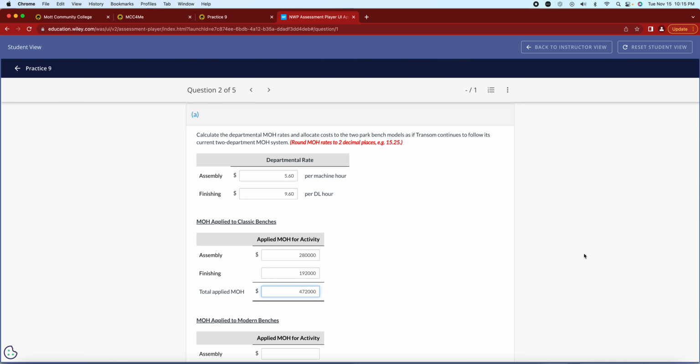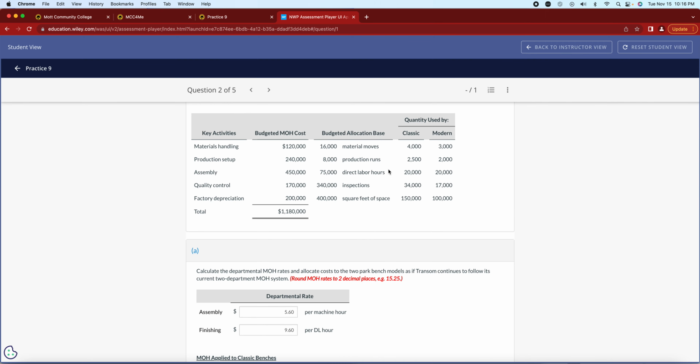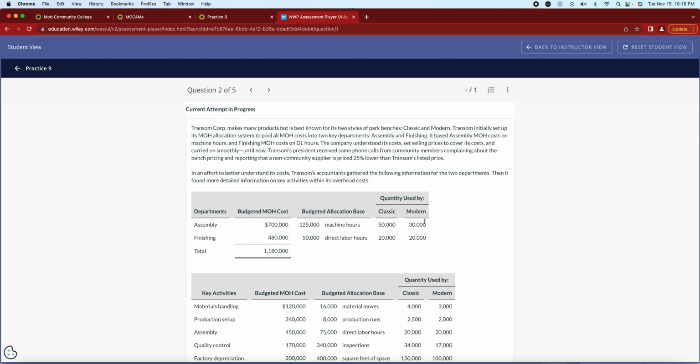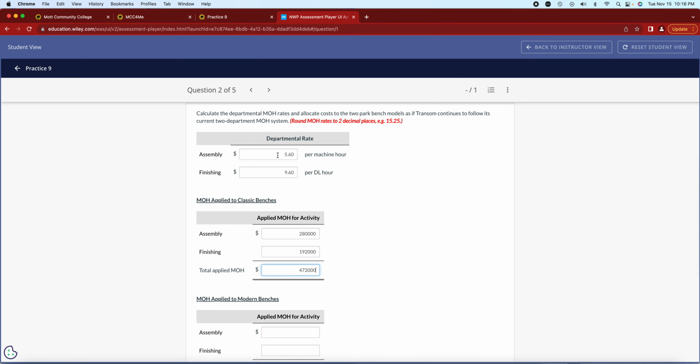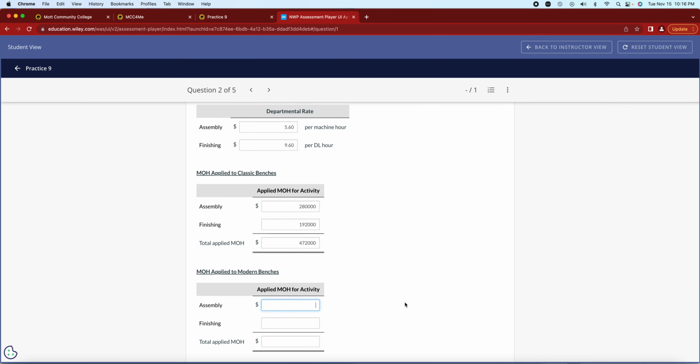method there. Then we want to look at spreading these costs to the modern benches based upon the quantity that was used by modern. 30,000 for assembly, 20,000 for finishing. Multiply the 30,000 times 5.60, and we have 168,000.